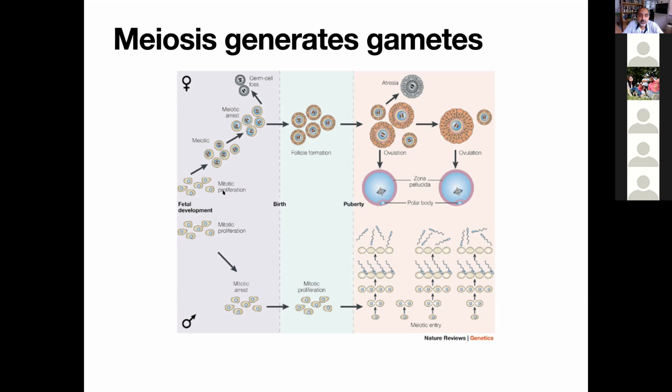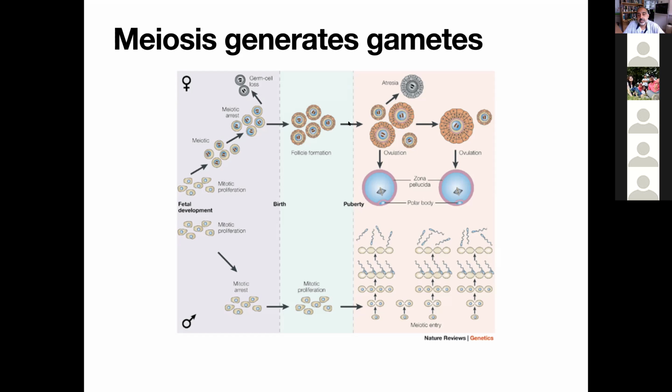After mitotic proliferation, you begin meiosis. Some of these oocytes get surrounded by follicle cells. These follicle cells are providing nutrients and various other things like restricted mRNAs, yolk, if you're that kind of animal, into the oocyte.